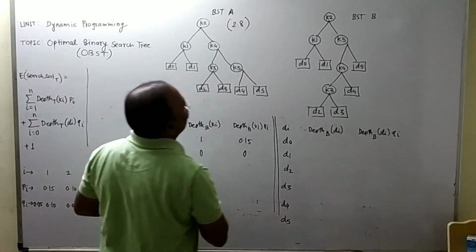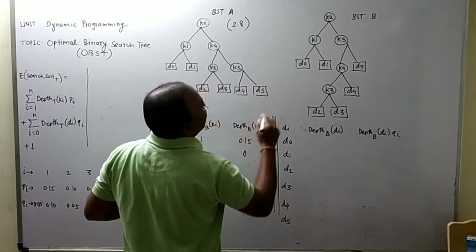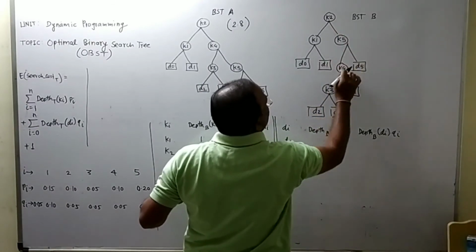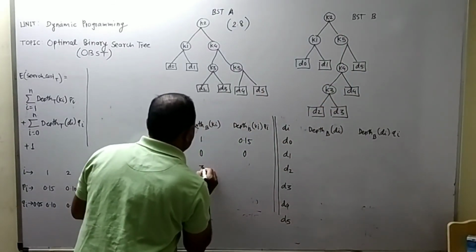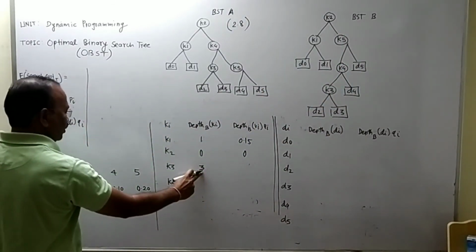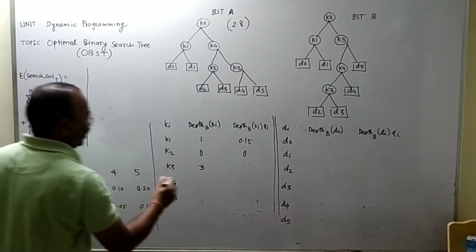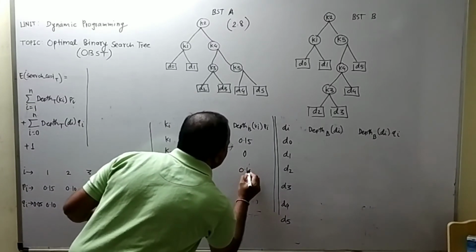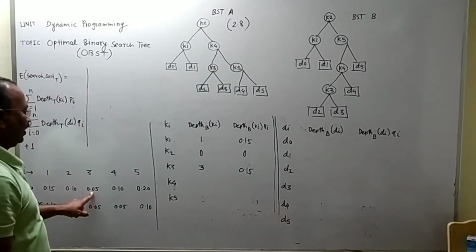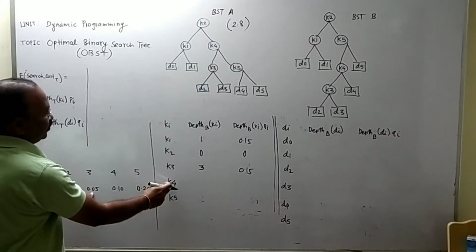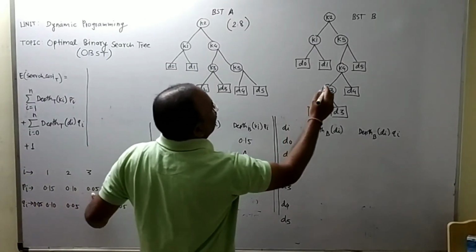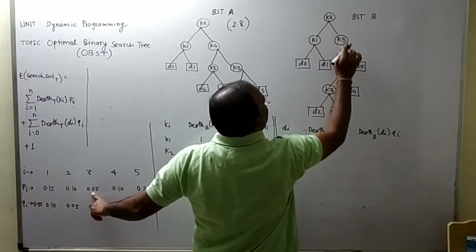Then the depth of K3 is 0, 1, 2, 3. Multiply this 3 with the probability of K3, that is 0.05. It gives 0.15. Then find out the depth of K4, 0, 1, 2.